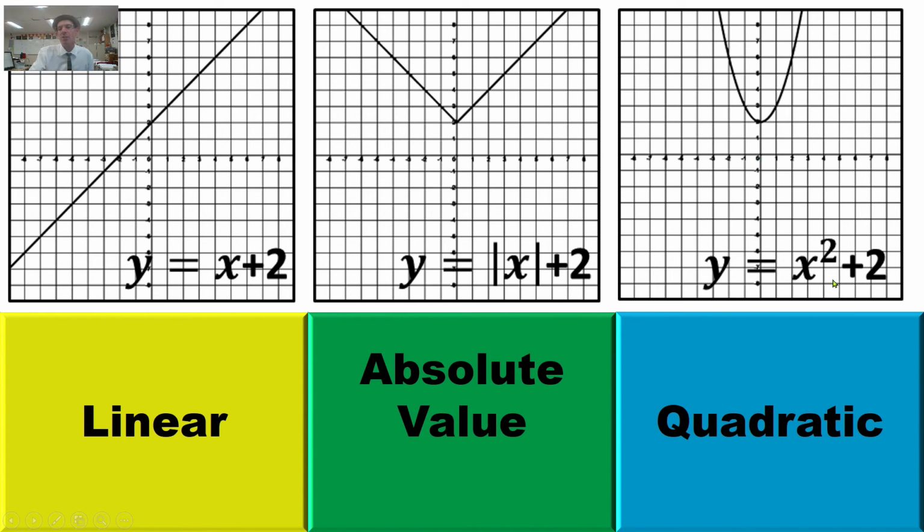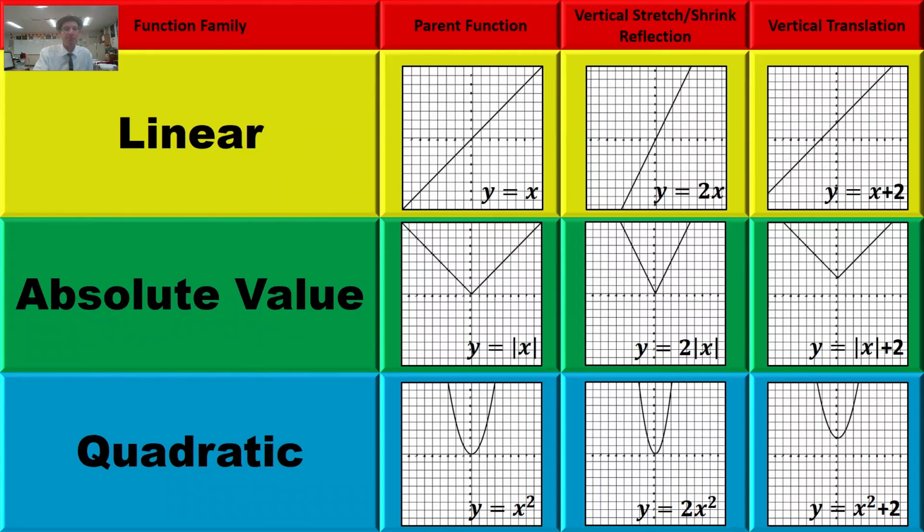Adding 2 onto the parent function translates the graph up 2 units. So the same thing that you learned about the y-intercept when you were learning about the linear function family, how the y-intercept would move the graph up 2 spaces, the same thing happens on the absolute value function family, and the same thing happens on the quadratic function family.